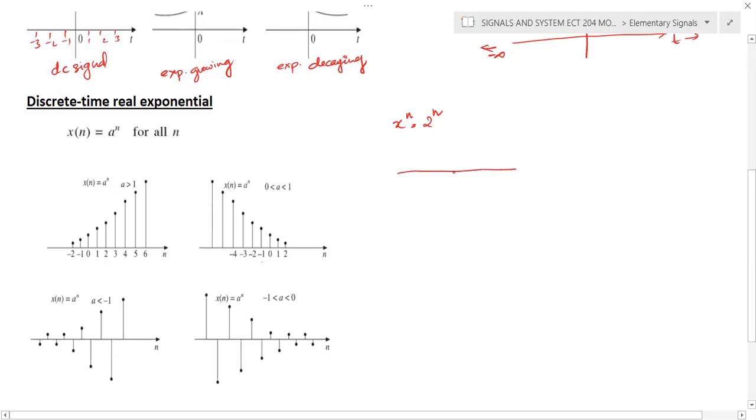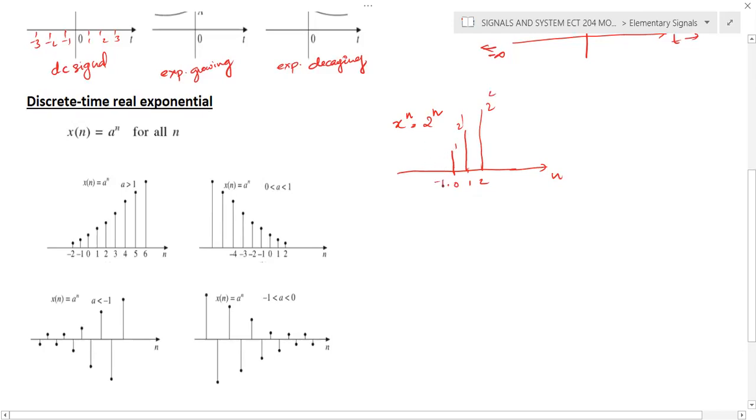This is a discrete time signal. When n is equal to 0, you will get 2 raised to 0, which is equal to 1, and when n is equal to 1, it becomes 2, and when n is equal to 2, it becomes 2 squared, which is 4.